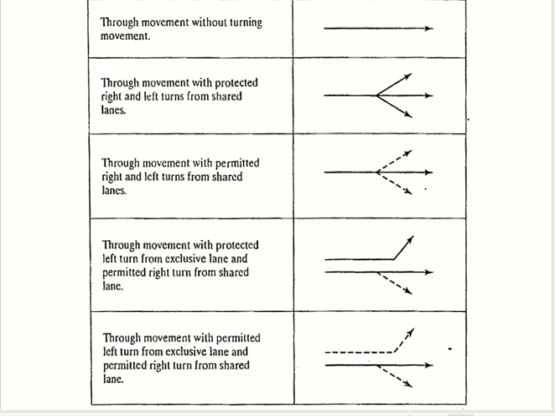Then you see some of the arrows are dashed, some of them are solid. A solid line indicates a protected movement. Protected means it happens with the signal. The dotted one is called permitted. Permitted means it depends upon the clearance of the intersection, not the signal.